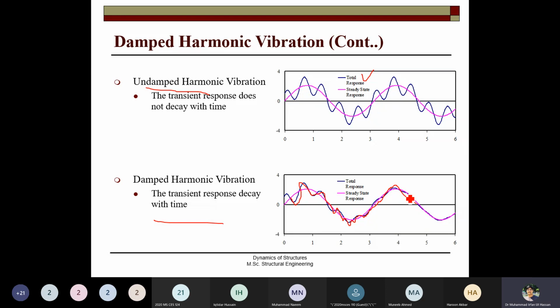And this is the realistic structural response also, that first your vibrations are more, after some time the transient response diminishes. The reason is the damping will finish the transient response, and the steady state response, which is under the effect of the force, that remains with the system.